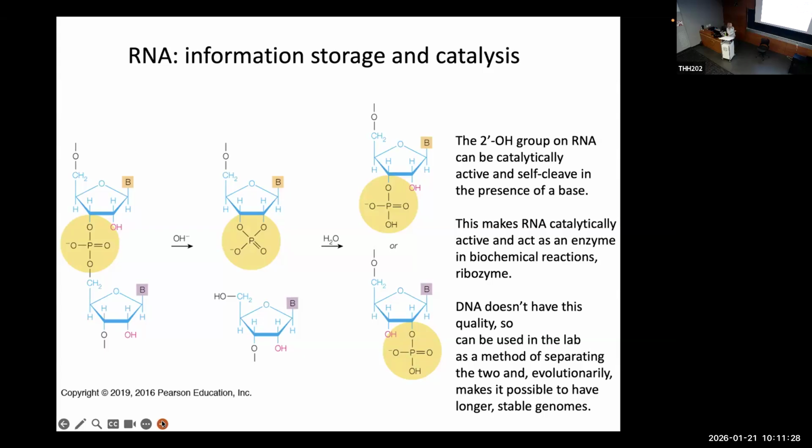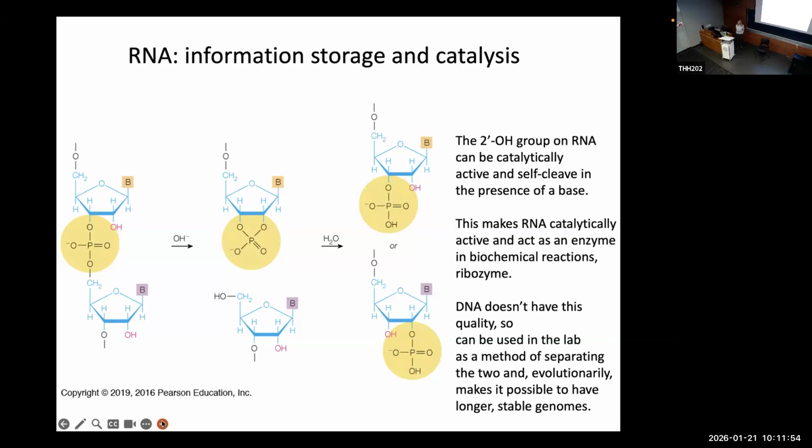The base will tend to pull the proton off of this hydroxyl group. That makes water, but it also makes this oxygen reactive. It has a negative charge and it wants to form a bond with a neighboring atom. And so quite often, because this phosphate is nearby, it will form a bond with that phosphate.